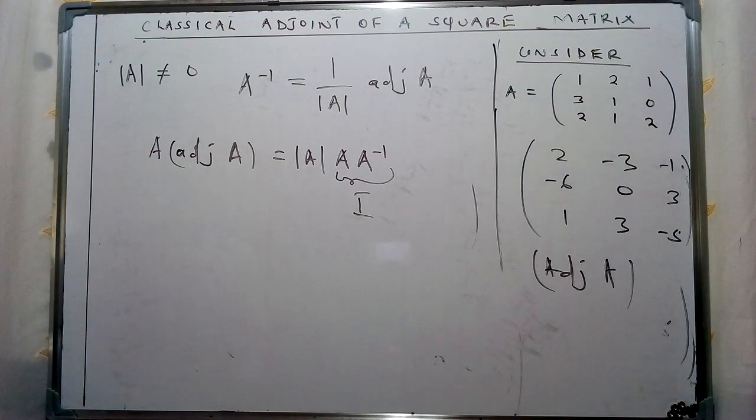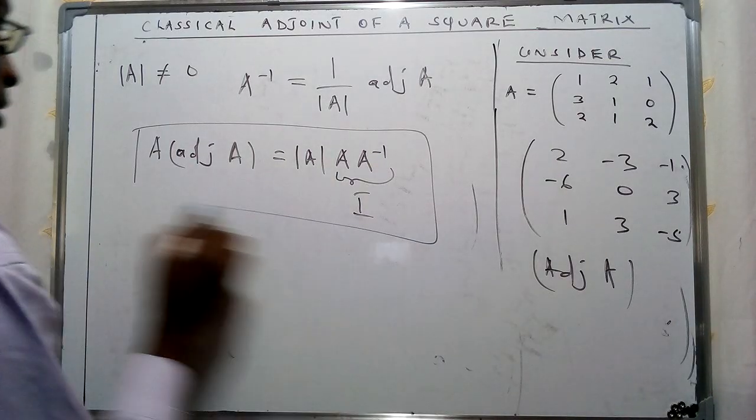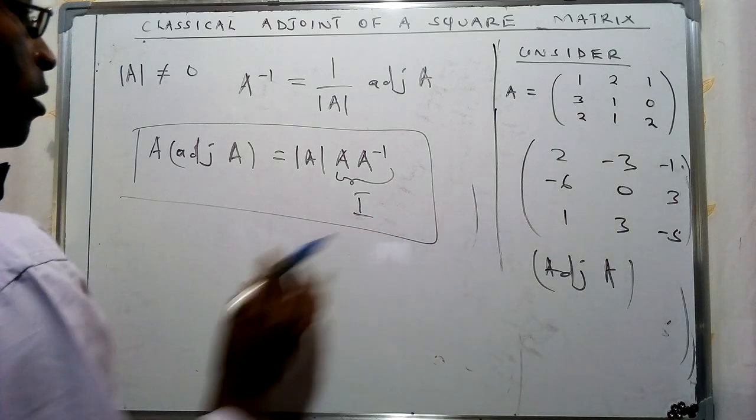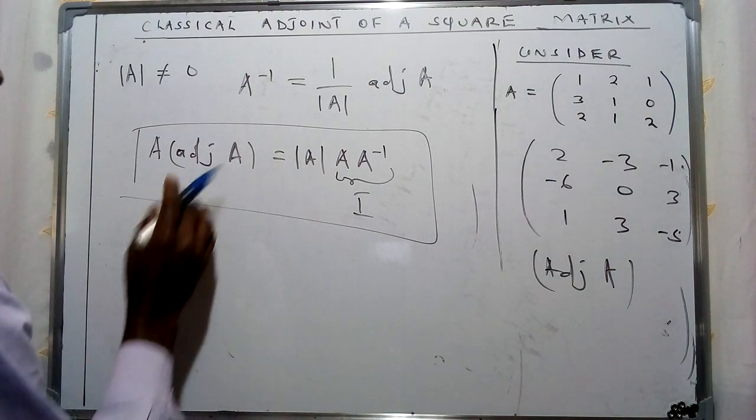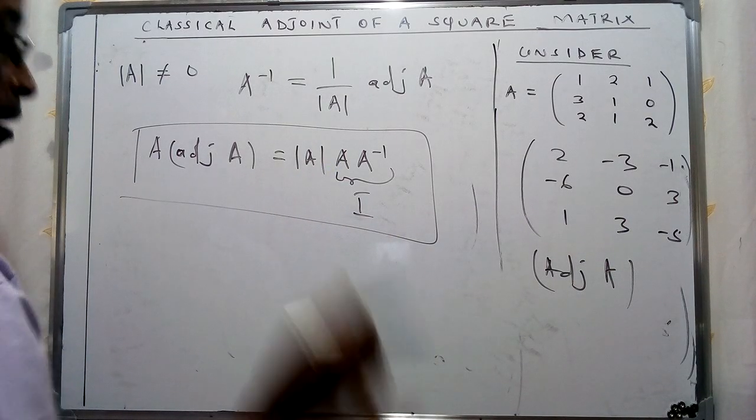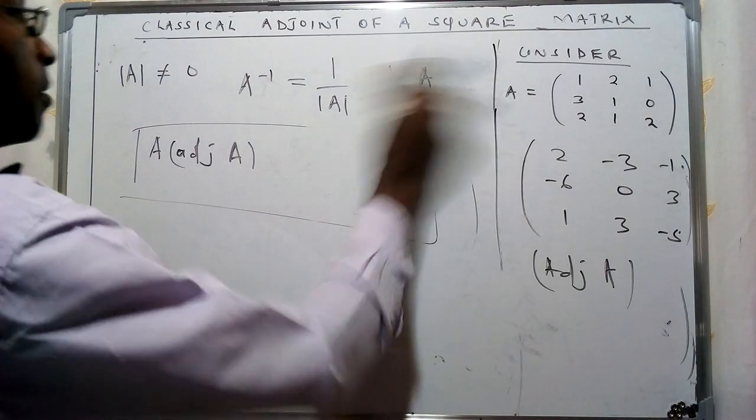So we can explore this relationship and see what this adjoint holds for us in trying to find various aspects of the determinant, the inverse or identity of a specific matrix.